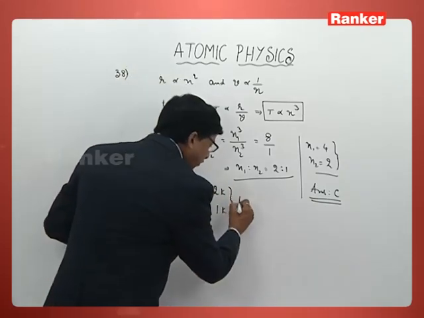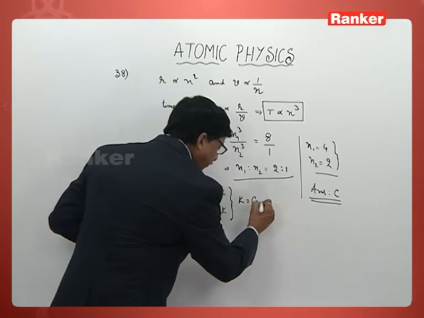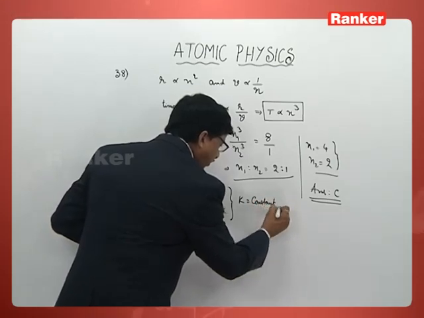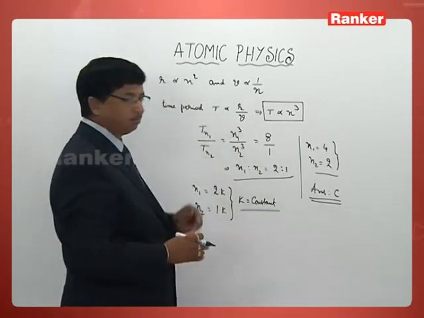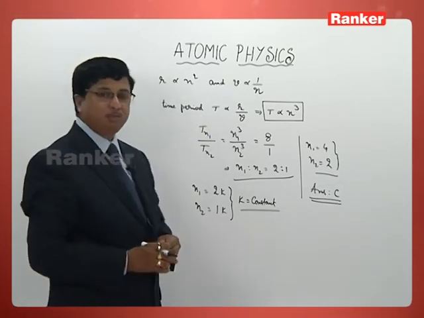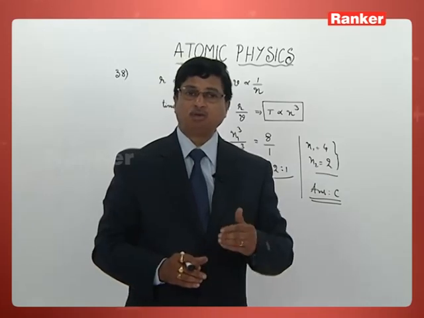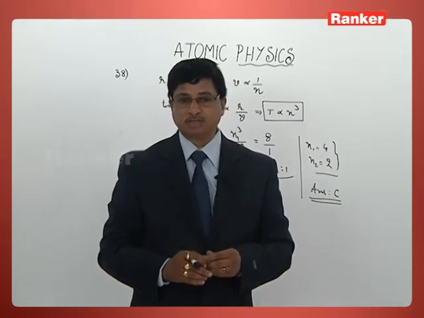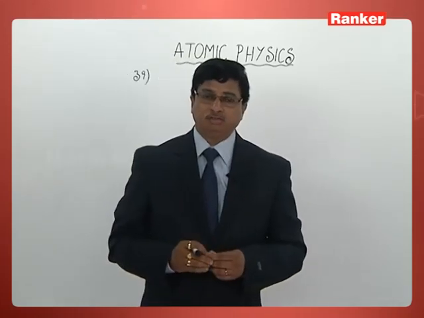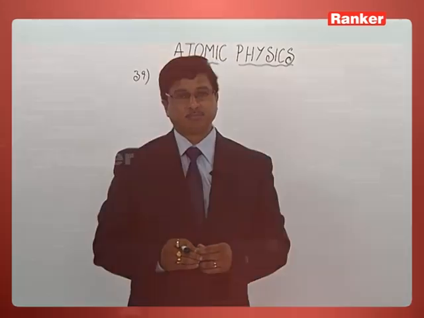What is the k here we are taking? K is taken as a constant here, nothing else. That is the point. So this is problem number 38, based on Bohr's model of the hydrogen atom. That is the concept. Next is the 39th problem.